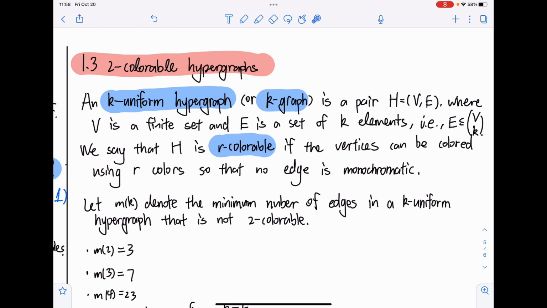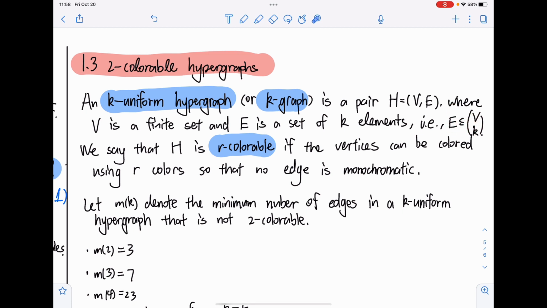A k-uniform hypergraph is a pair, which we denote by H equals (V, E). There is a set of vertices and a set of edges. V is a finite set, and E is a set of k-element subsets, meaning each hyperedge contains exactly k vertices.